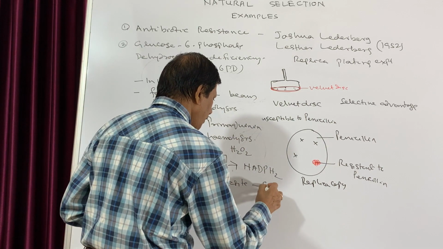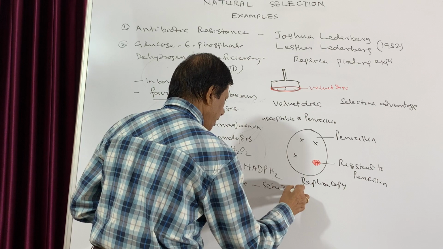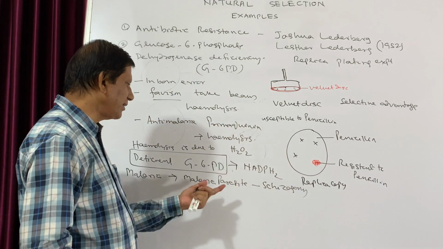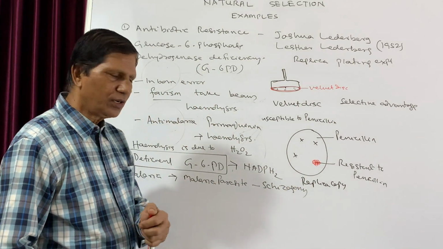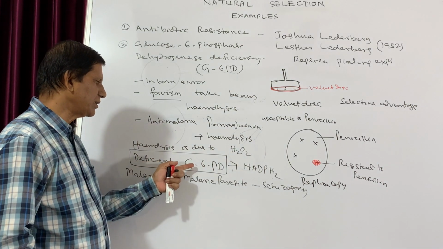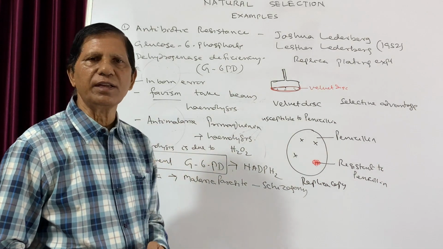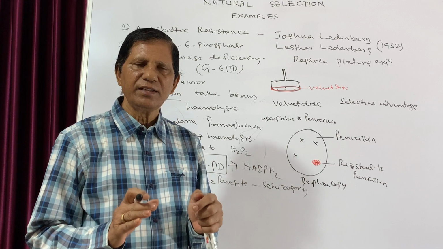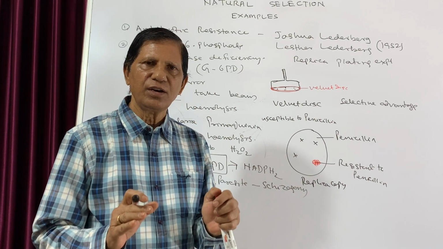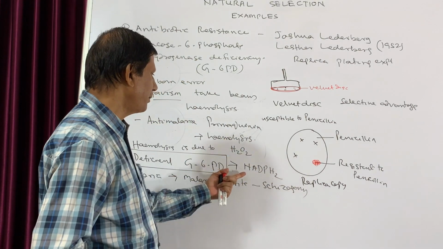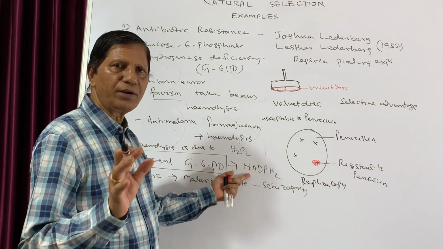That means the schizogony cannot be completed in the persons who are deficient in glucose 6-phosphate dehydrogenase. As a result, they are resistant to malaria. That means malaria will never affect them.